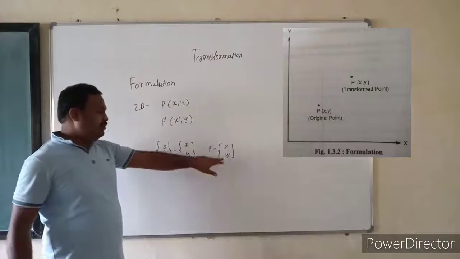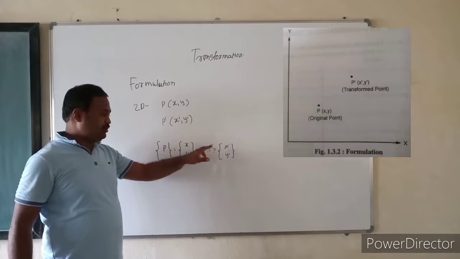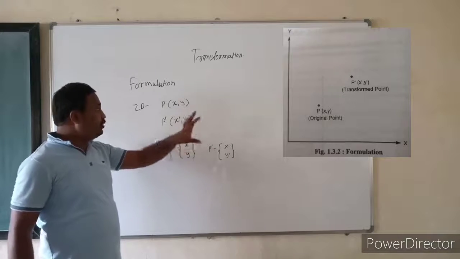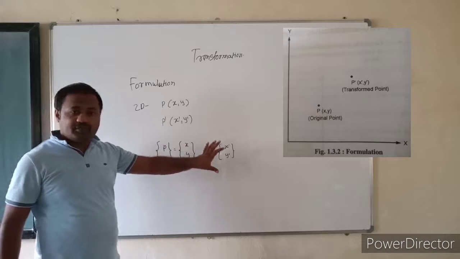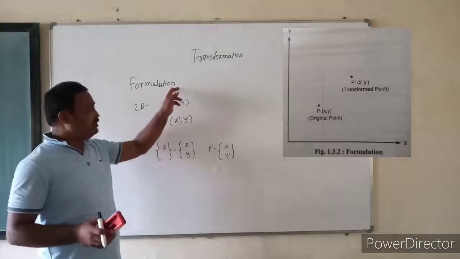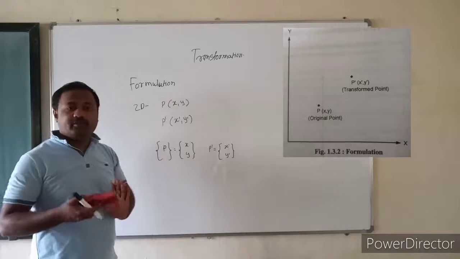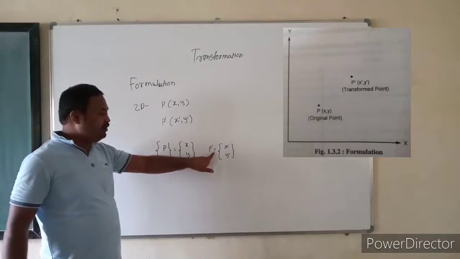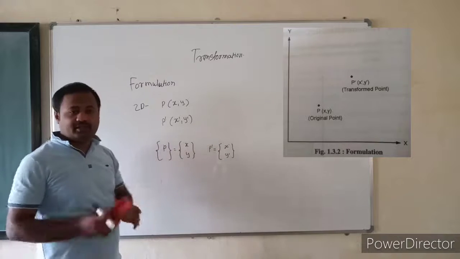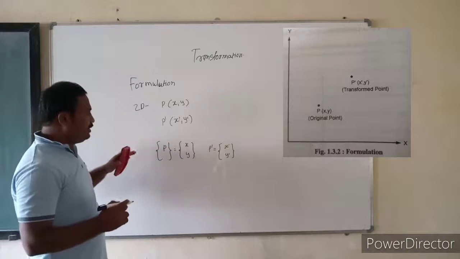For finding the new coordinates P dash, you require a formula, and for that you have to formulate this. Formulation means you can find the formula for calculating the coordinates of P dash, x dash, y dash.